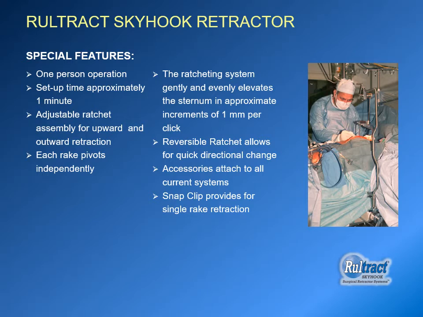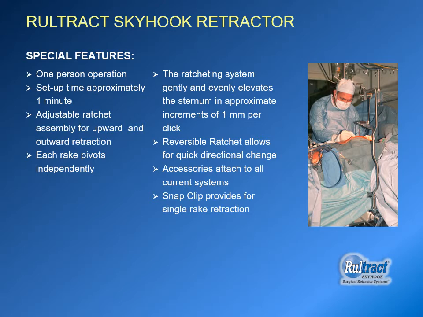The adjustable ratchet assembly allows for upward and outward retraction, and that's where the cable comes into play. That versatility of the cable allows for many angles for the rakes to be placed. Each rake pivots independently on the rake plate. The ratcheting system gently and evenly elevates the sternum in approximate increments of 1 millimeter per click.